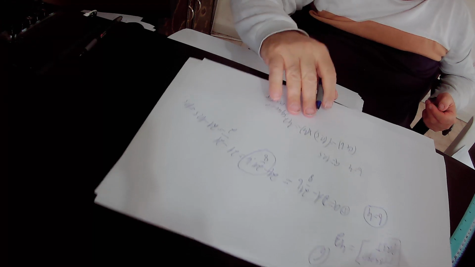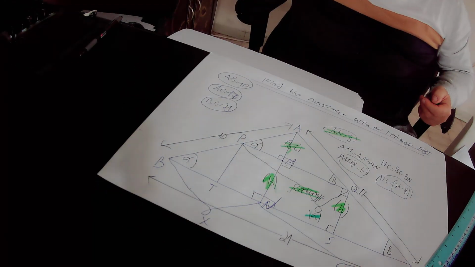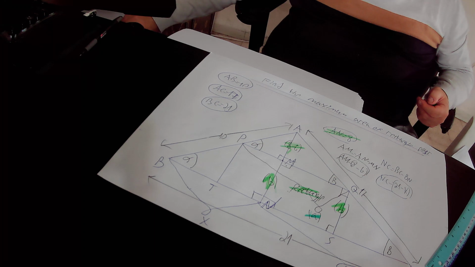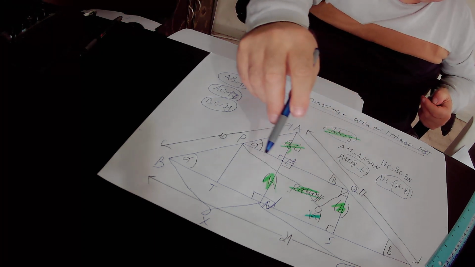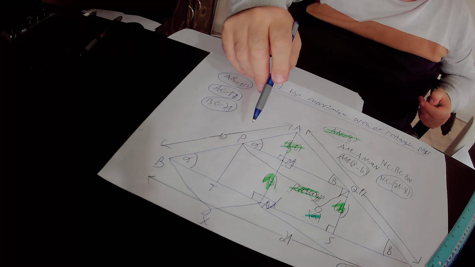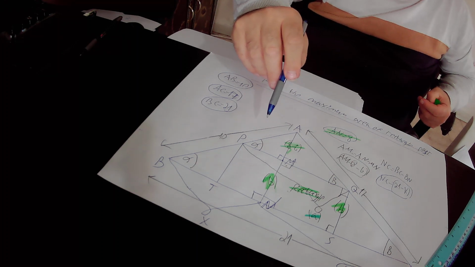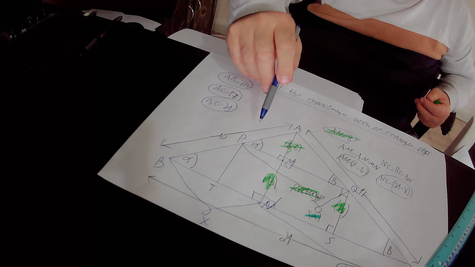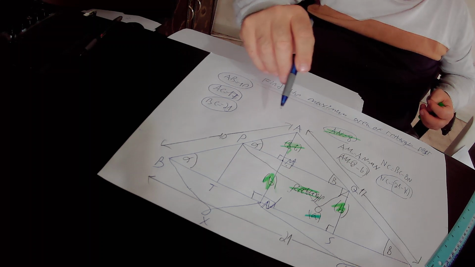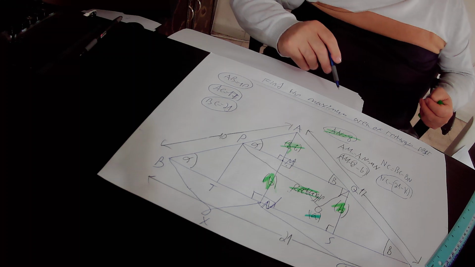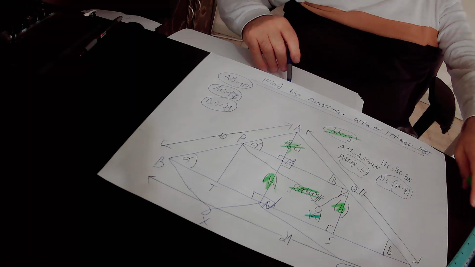To repeat, we found that when the width of this rectangle PQST is 4 units and the length is 10.5 units, then the area of rectangle PQST equals 42 square units. That's actually the maximum area of this rectangle PQST. Okay, so in the next step I'll summarize the lecture.